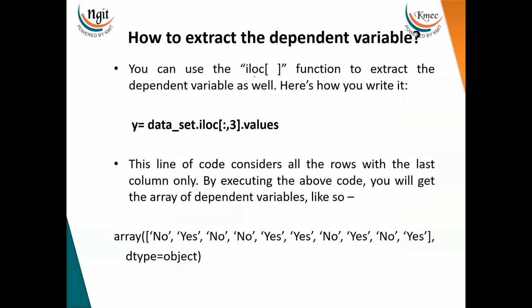And next is extracting the dependent variable. Again, we are going to use the same iloc function. Here, colon comma 3. The colon indicates all the rows and 3 indicates the third column, that is the dependent variable. So here you can see the output.